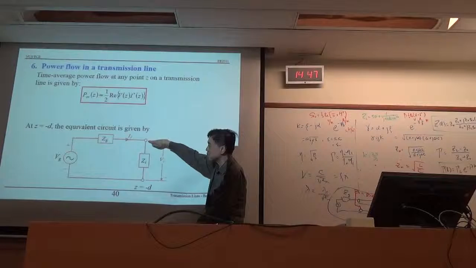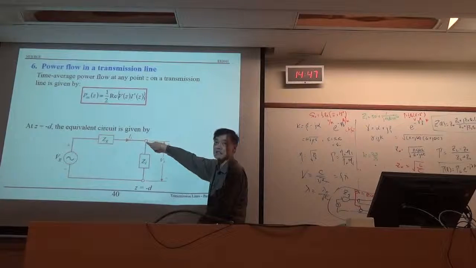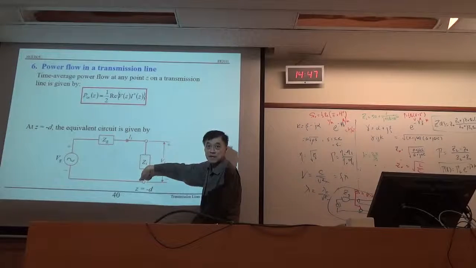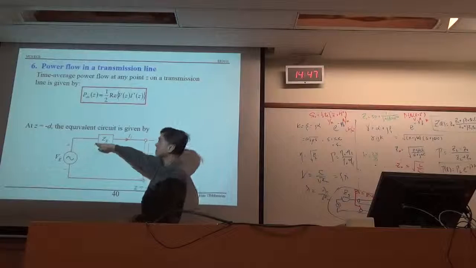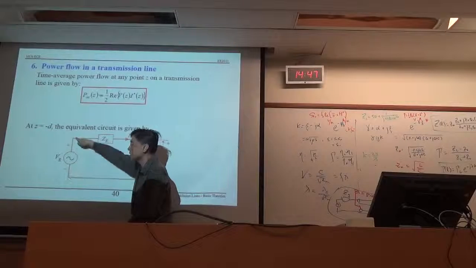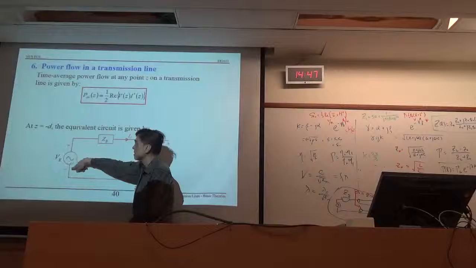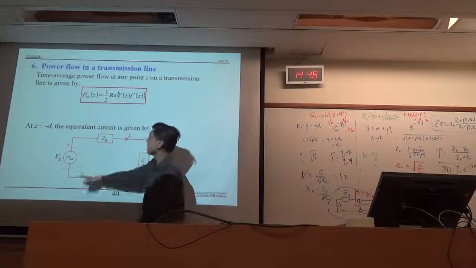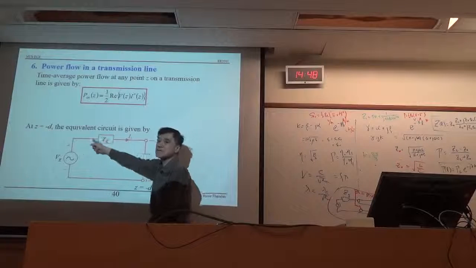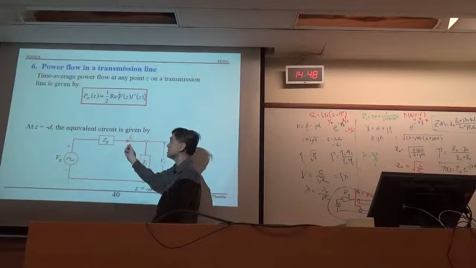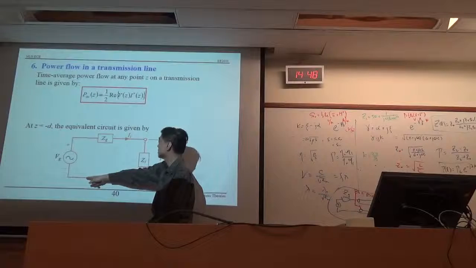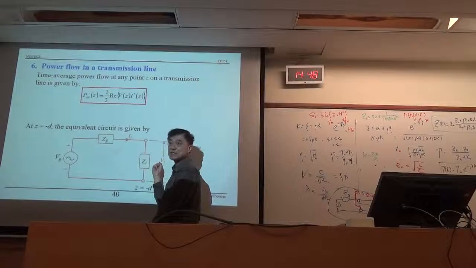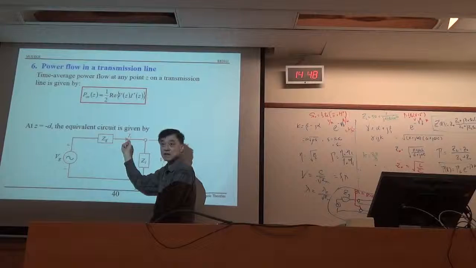So power input to the transmission line is half real of Vi Ii conjugate. Power supplied by the source is equal to VG Ii conjugate. Power dissipated by the internal impedance is equal to the difference of these two voltages times Ii conjugate.